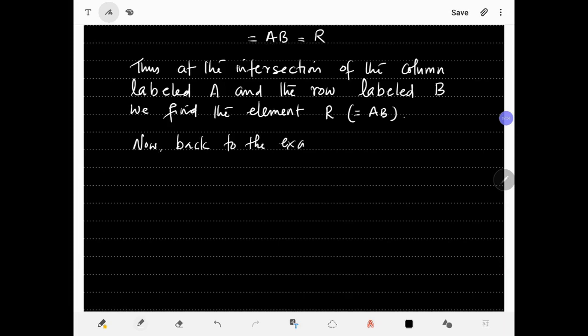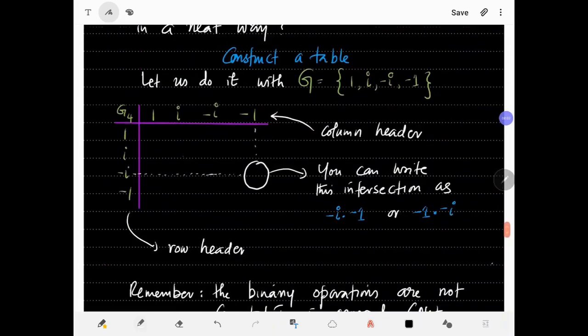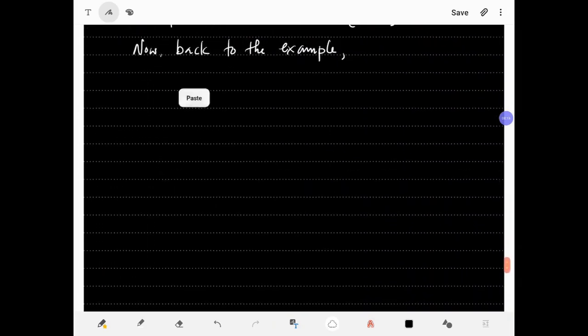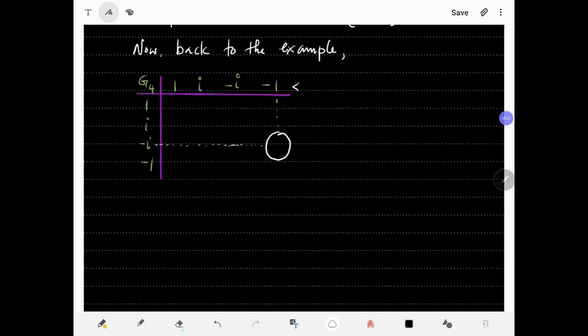Now if you come back to the table, the element at the intersection is minus i into minus 1. And we follow the convention and find all other combinations.